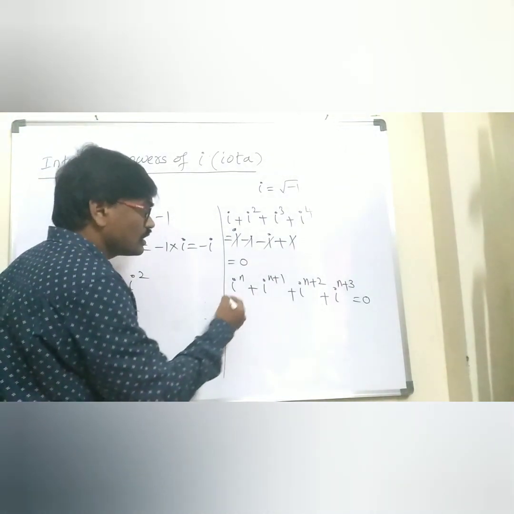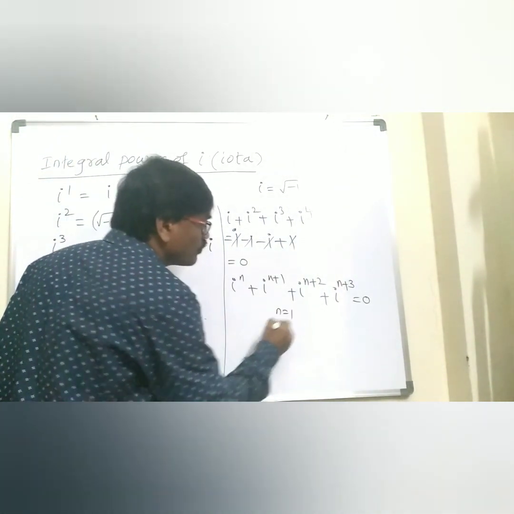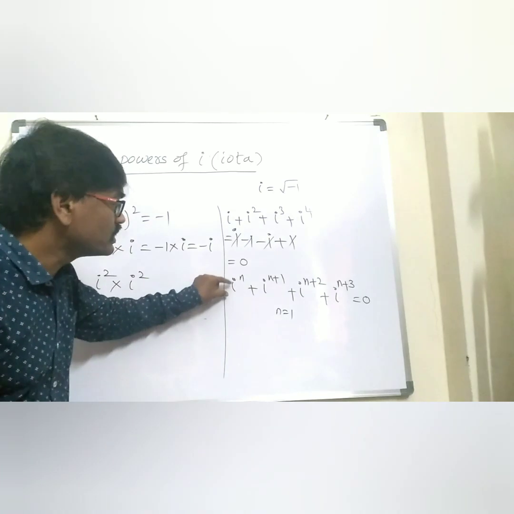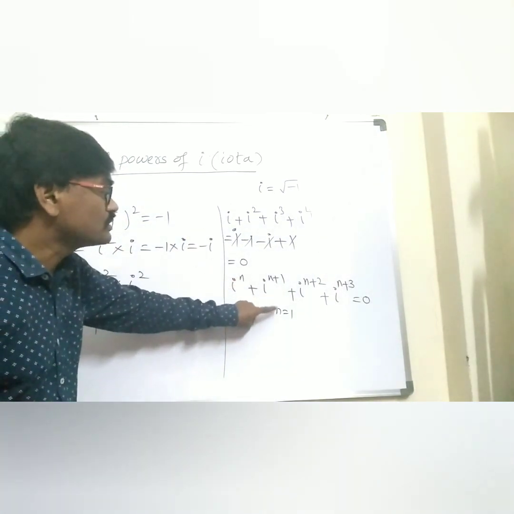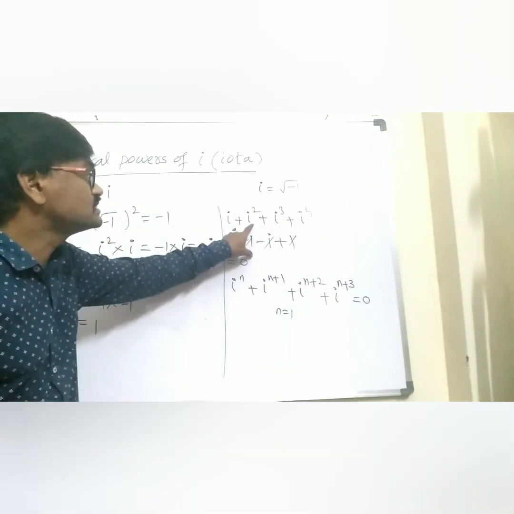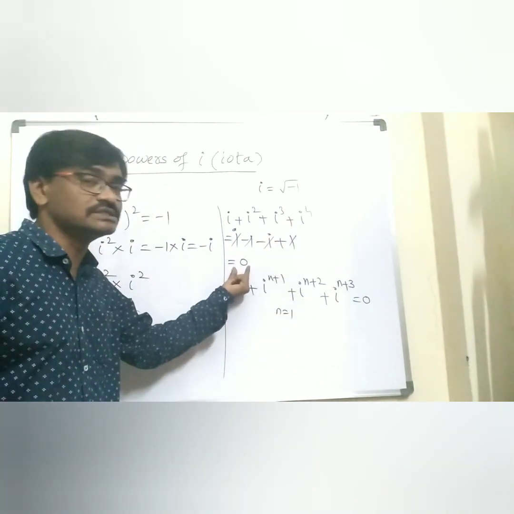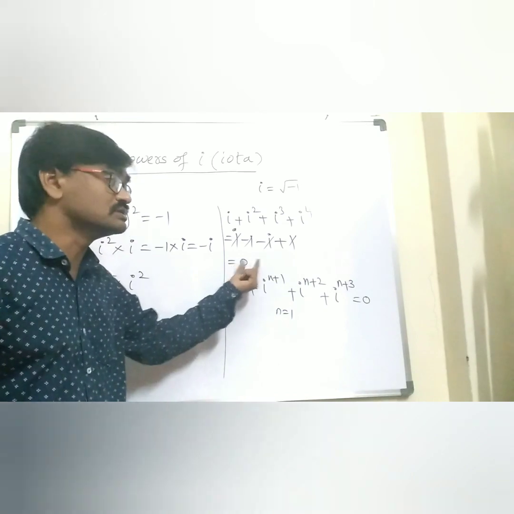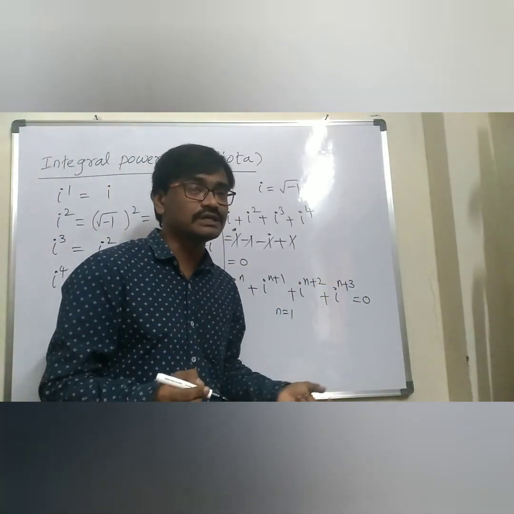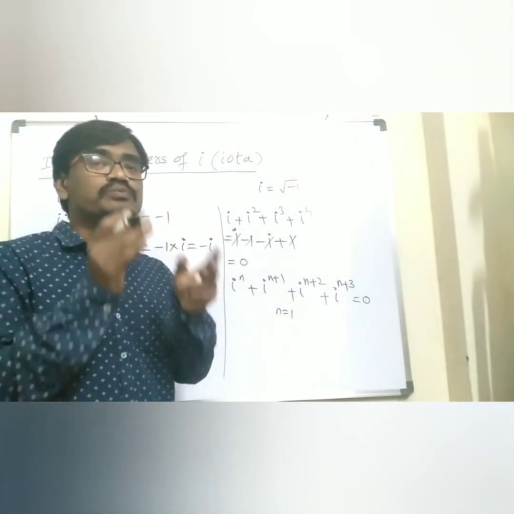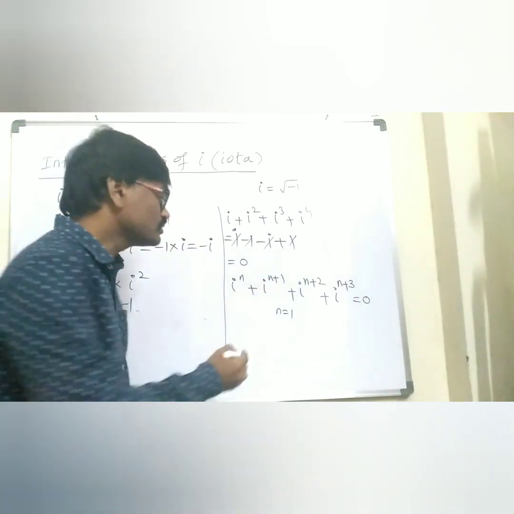On putting n is equal to 1, you will get i, i square, i cube, i power 4. Therefore, its value is 0. In general, the sum of 4 consecutive powers of iota is equal to 0.